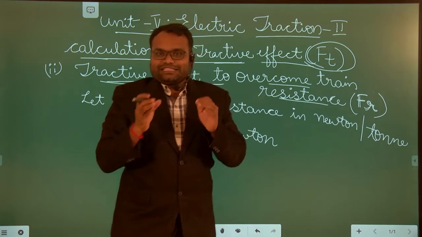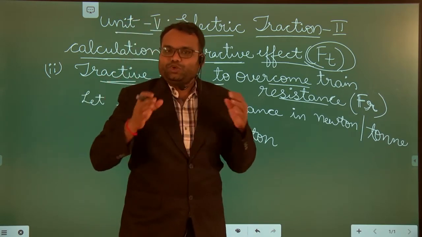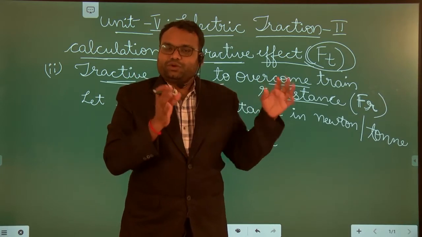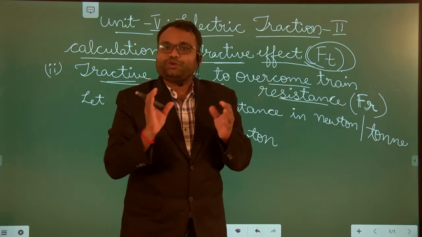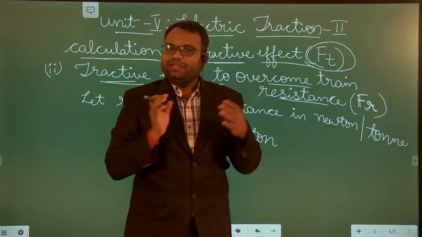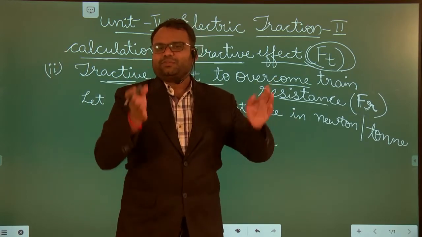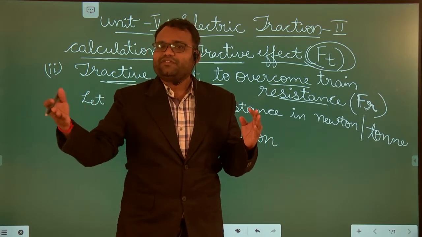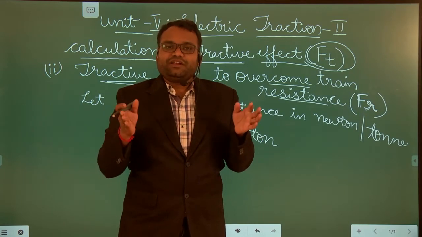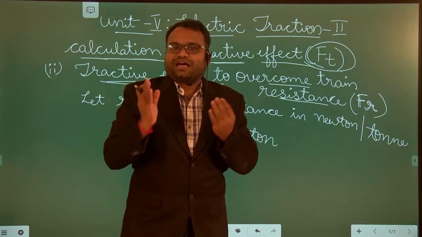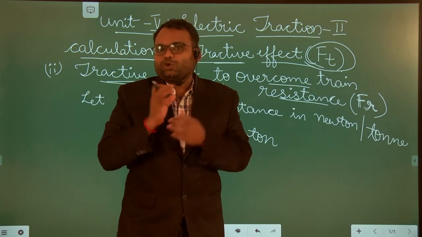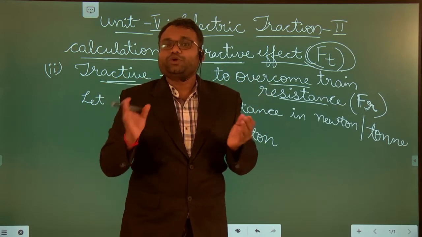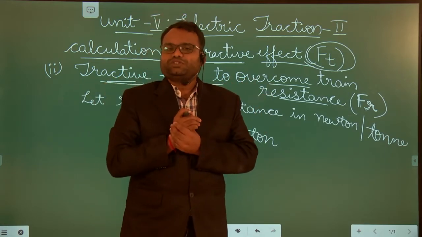That means the tractive effort is used for the locomotive to overcome the total resistance offered to the motion of the train. When the locomotive is running in a linear way or a rotational, angular way, the total weight of the locomotive also plays a crucial role, because the resistance offered by the locomotive to the motion of the train is very important.